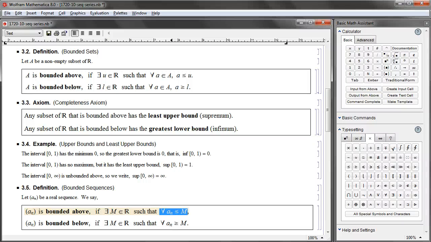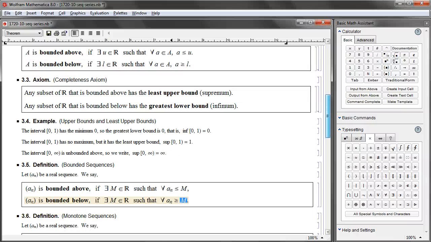Similarly, bounded below if there exists a certain m, such that every a_n is greater than or equal to m. I could have used u and l, but I refrained because using u for upper bound is okay, but using l for lower bound is not good because l looks like limit, and I don't want to have any confusion here.